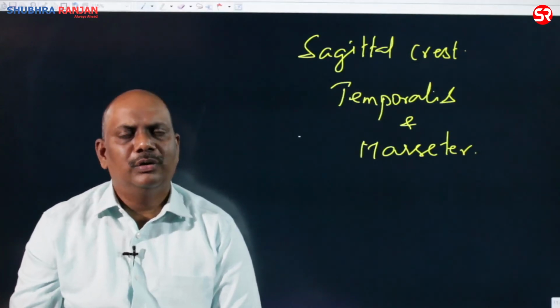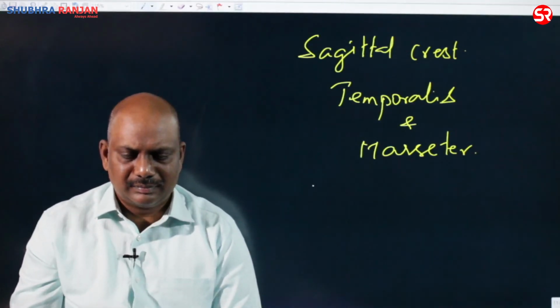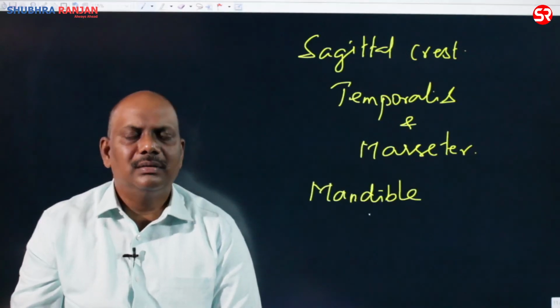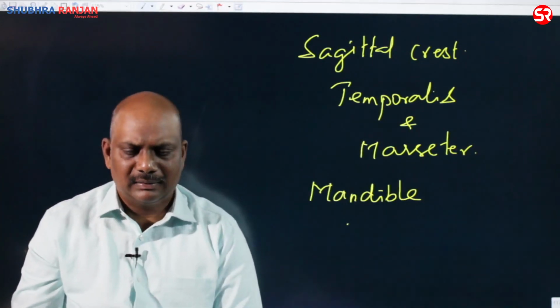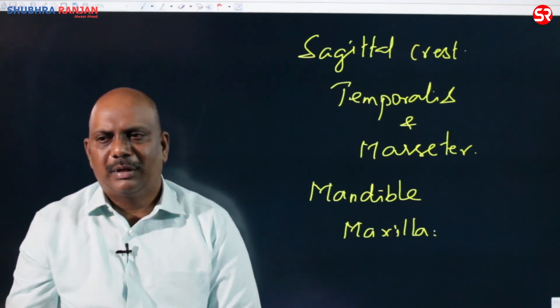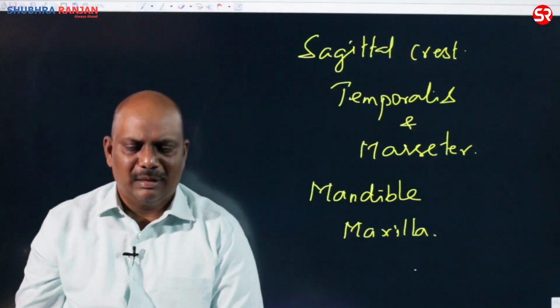I also told you the lower jaw is technically called the mandible and the upper jaw is called the maxilla. Upper jaw is maxilla, lower jaw is mandible. We also discussed prognathism.